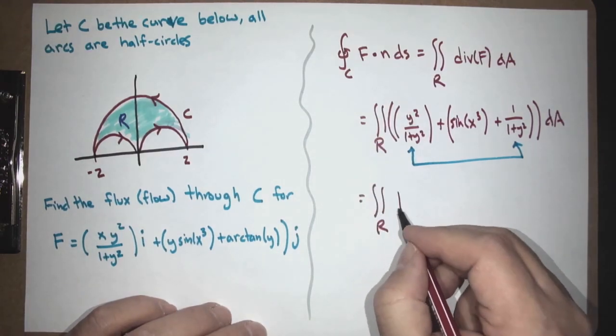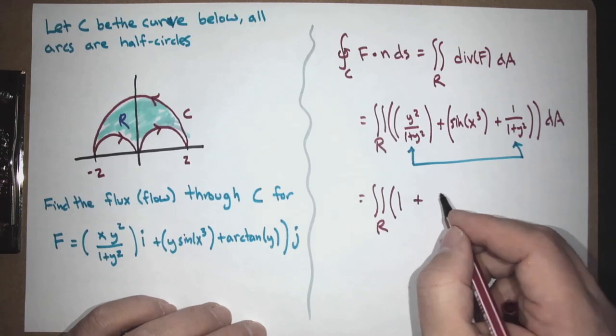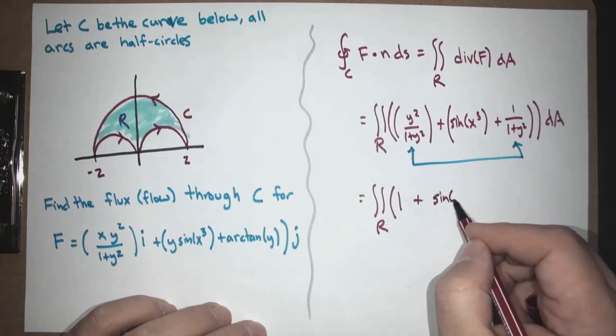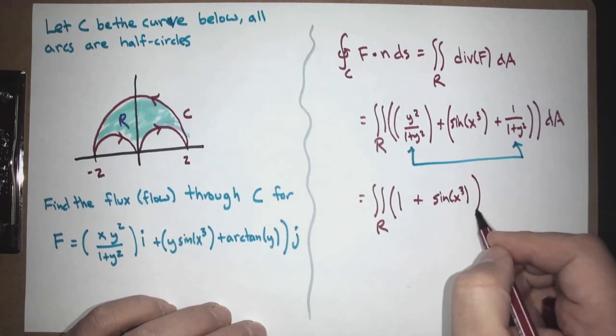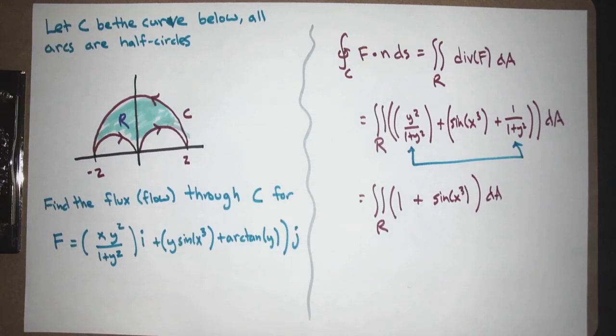It is the 1 plus sine of x cubed. Yeah. Okay, well, we have like 20 minutes left. I imagine we can figure out the integral of sine of x cubed in 20 minutes. But do we need to?